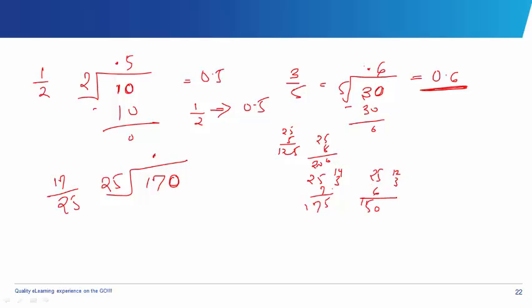So that's 150. So we put 6, 150. When we subtract, we'll have 20. Then we'll add another 0 to this. 200 divided by 25. We already did it here, and that is 8. So our answer now becomes 0.68 as our final answer.